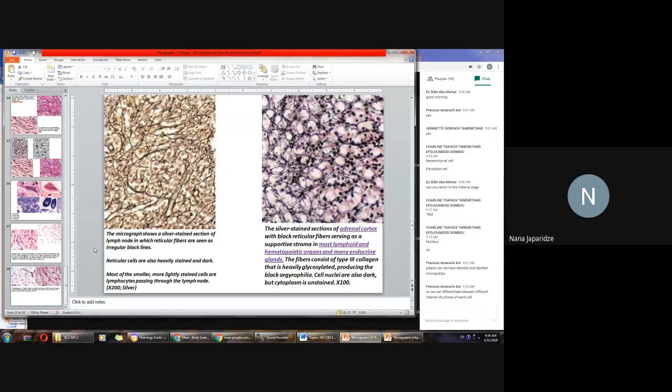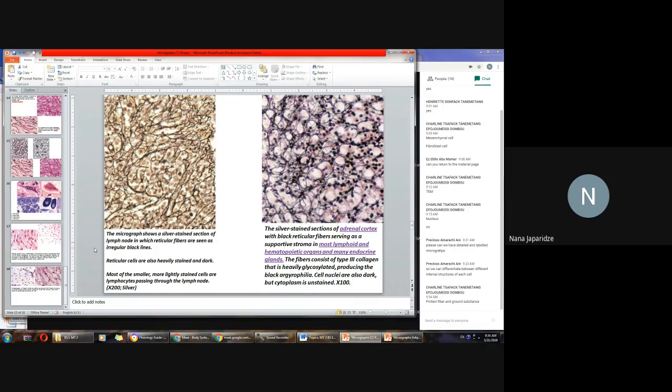Do you remember the main components of extracellular matrix? Ground substance, fibers, yes, and also in extracellular matrix, you can always identify the fluid which is called interstitial fluid.